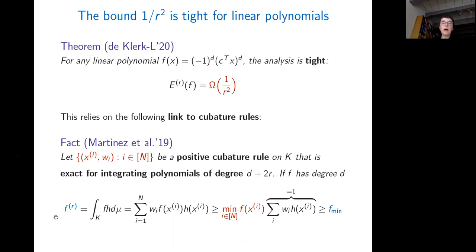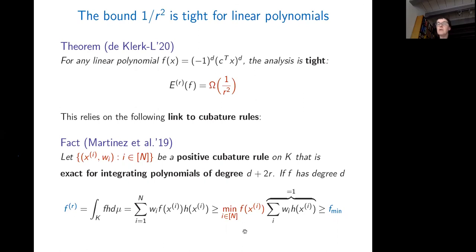So we see that the bound f_r is at least the minimum of f over all the cubature points, which is at least the minimum. So the error, the bound f_r minus f min, is at least the difference between the minimum of f over the cubature points and the minimum of f.